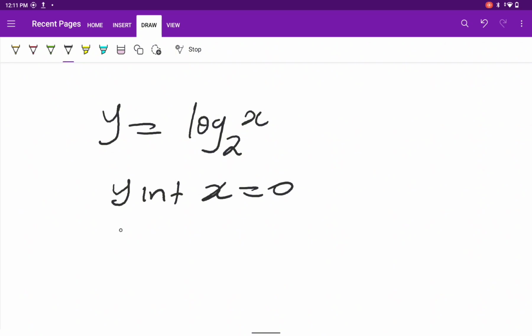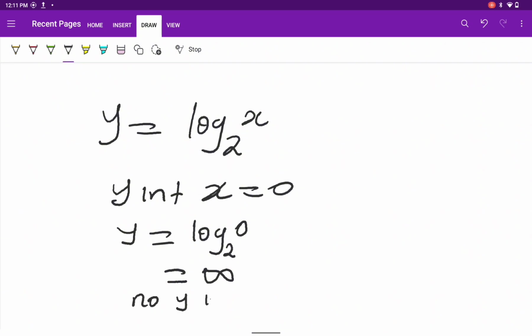So we will have y equals log, we put a 0 there, base 2. And like I said, we don't have a log of 0. So the y-intercept is undefined, meaning there is no y-intercept. So our graph cannot cut the y-axis.